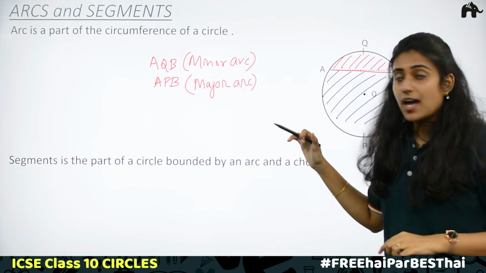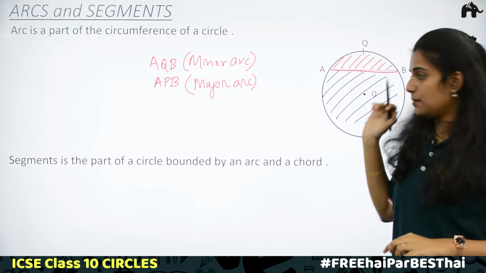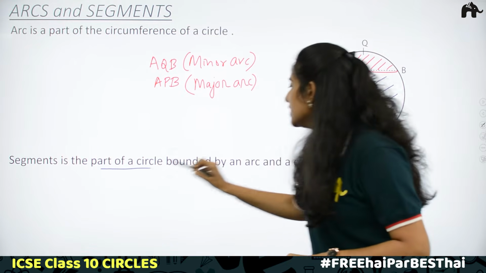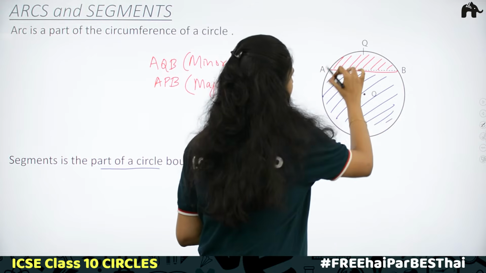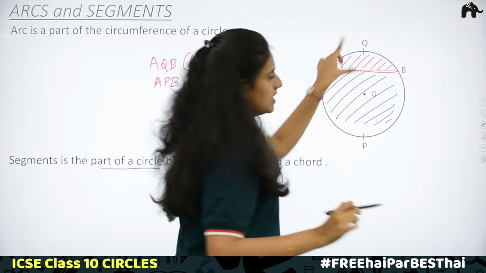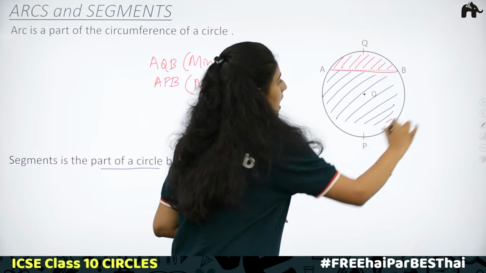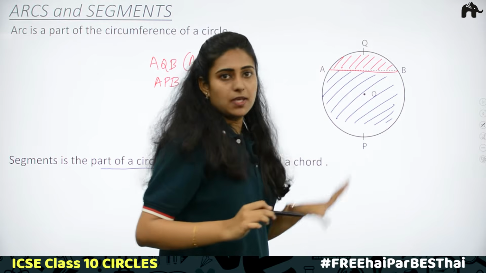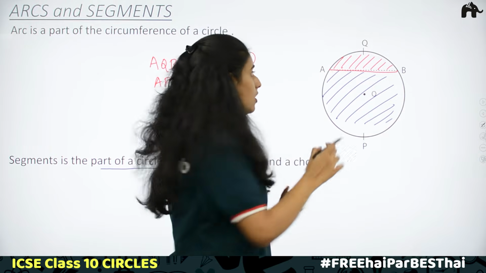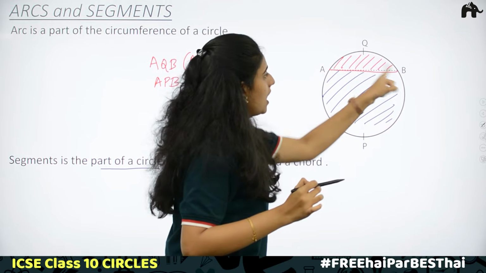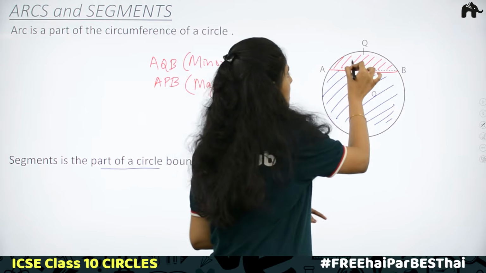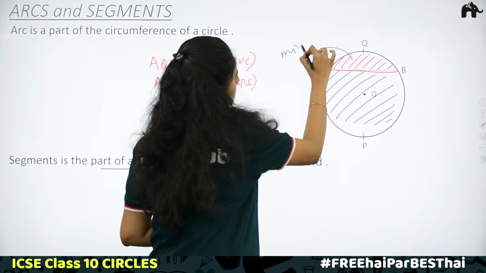A chord divides the circle into segments. So, a segment is a part of a circle bounded by an arc and a chord. Here, this arc AQB and AB make a segment and the arc APB and AB make another segment. Now, we have the minor arc and chord. So, the minor arc and chord together give us the minor segment.